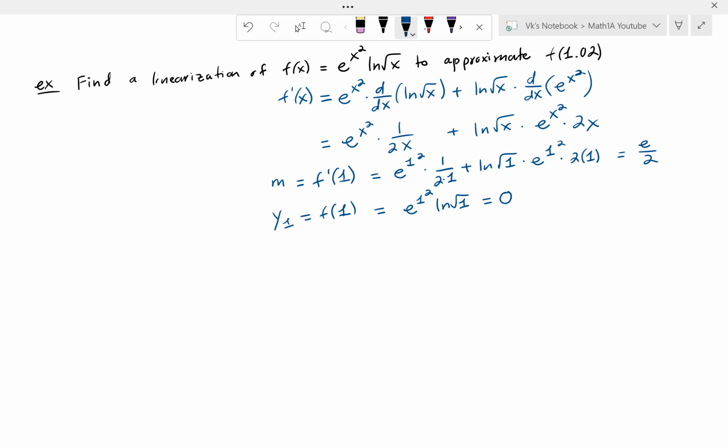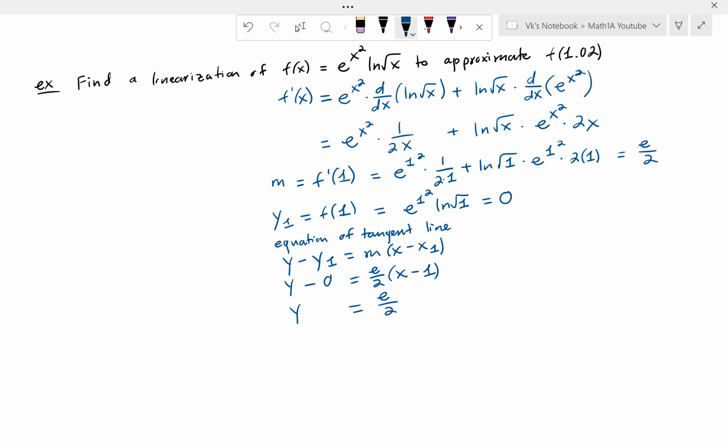Well, the equation of the tangent line is y minus y1 equal m times x minus x1. y minus 0 is equal to e over 2 times x minus 1. So y is e over 2 x minus e over 2. Pretty slick.